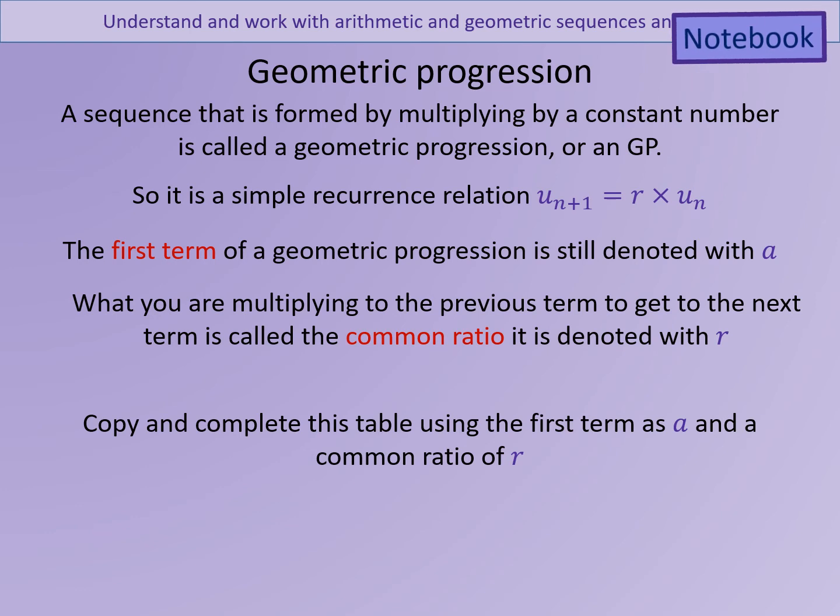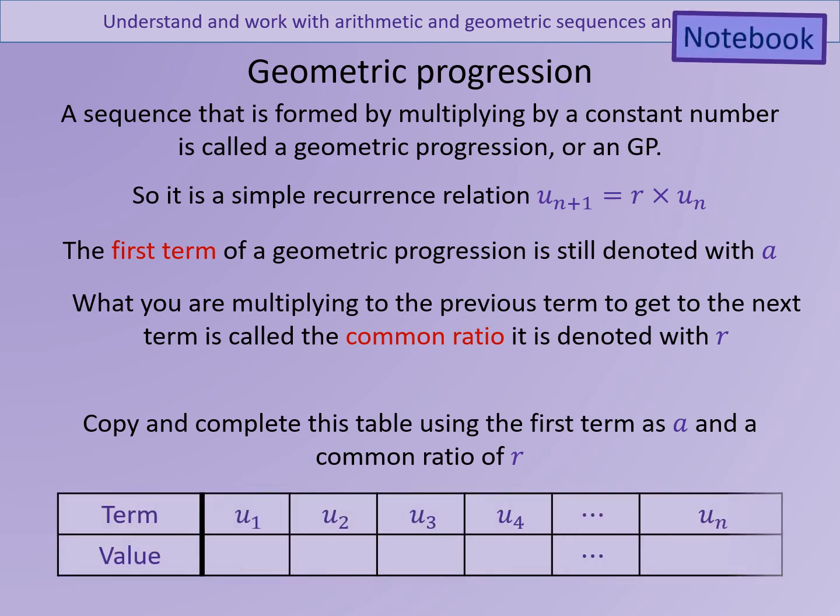So we're going to complete this table to work out the terms in terms of a and r in this sequence. So the first term we know is a, and the second term is a multiplied by r. The third term is the second term multiplied by r again, so this gives us ar squared.